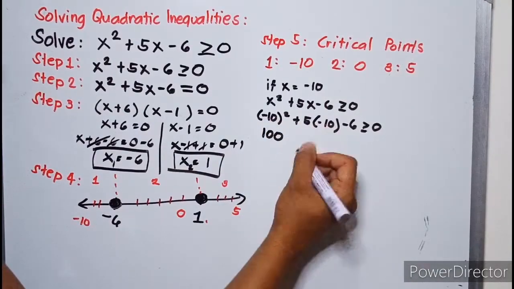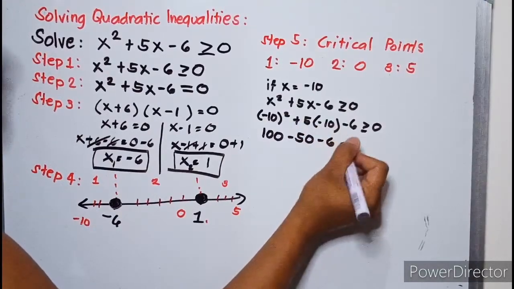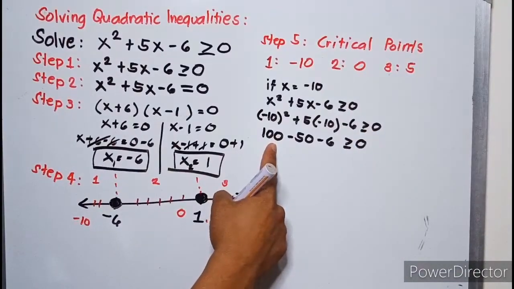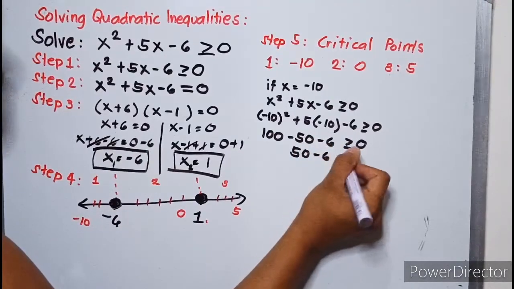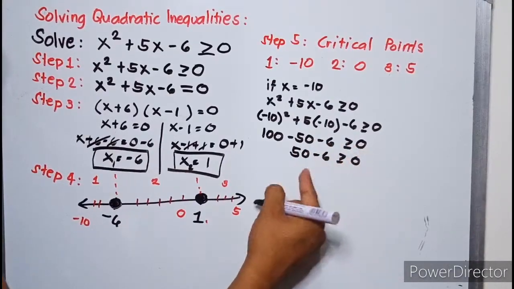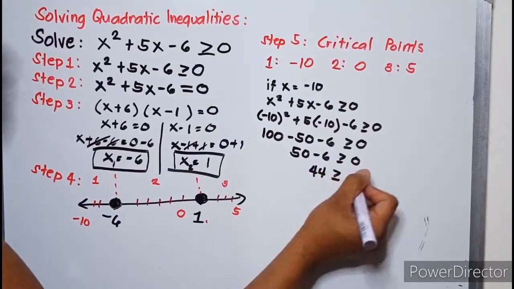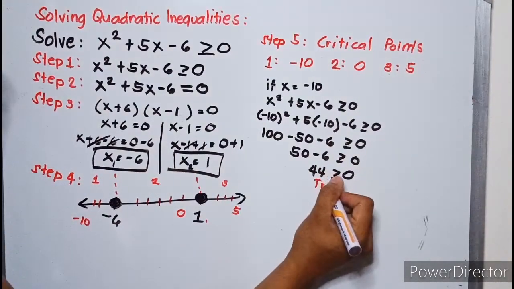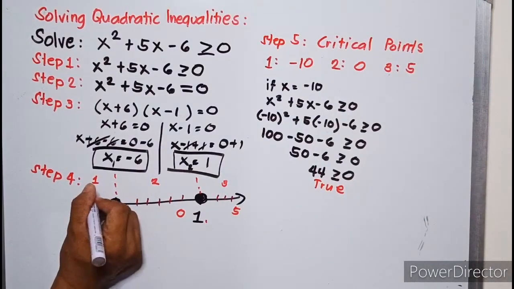Then 5 times negative 10 is negative 50. Then minus 6. So 100 minus 50 is 50, minus 6 is 44. Is 44 greater than or equal to 0? This is true. So for our first interval, that is true.